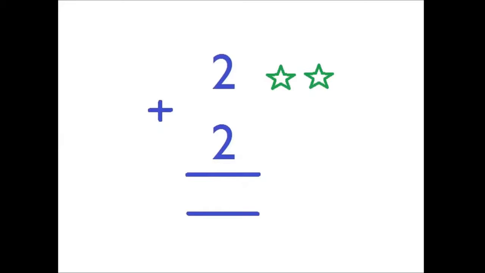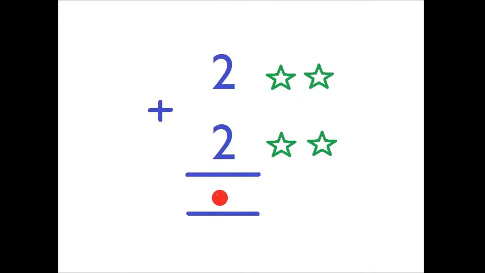So let's draw 2 more of those stars. 1, 2. Now, the same way that we added across last time, it's the same way we're going to add up all the stars to get our answer, which we will put here. Okay, because this is our equal sign, and we want to put our answer in there.